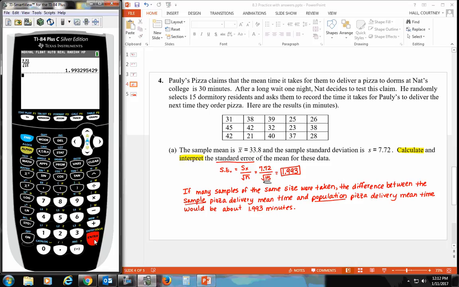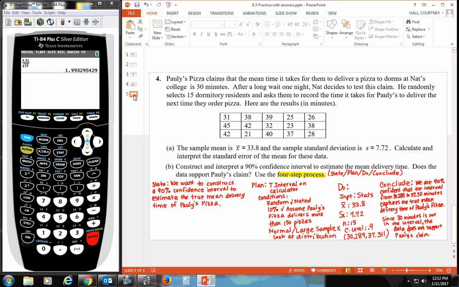And then part B from number 4 says construct and interpret a 90% confidence interval to estimate the mean delivery time. Does the data support Polly's claim? And use the 4-step process. I do give you a hint on the chapter test next time of when to use the 4-step process and when not to. By 4-step process, they just mean the state, plan, do, conclude. And I want to remind you also that for plan, you have to do the conditions as well.